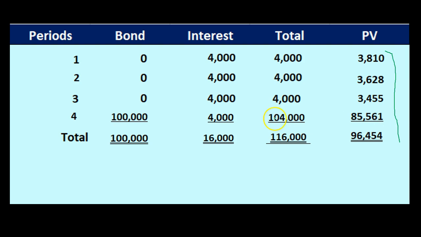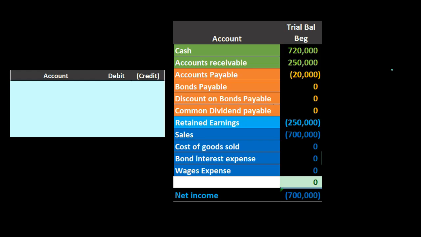It's easier for us to present value the annuity portion using an annuity table, and then present value the bond portion that's going to be due at the end of the time period separately, and then add them together. If you're using Excel, this is nice because you get to see the cash flow on a yearly basis and present value on a yearly basis.